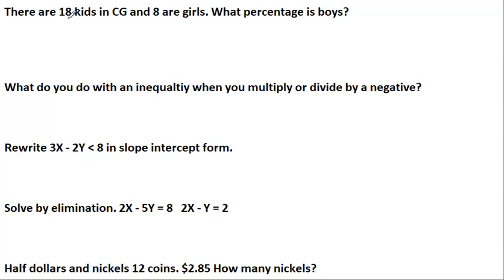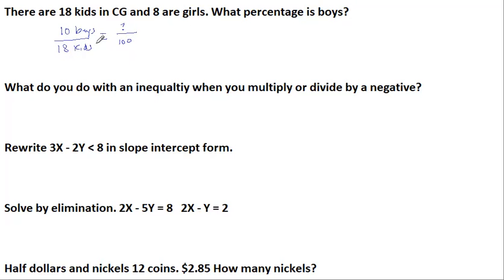So first, I chose to subtract the number of girls from the total kids and say that there were 10 boys out of 18 kids total. And so to figure out what percentage this is, you can say that it's equal to some percentage over 100, because percent really just means how much out of 100.